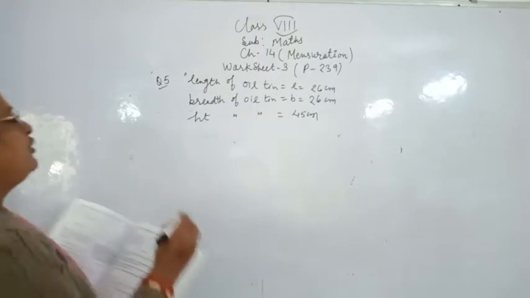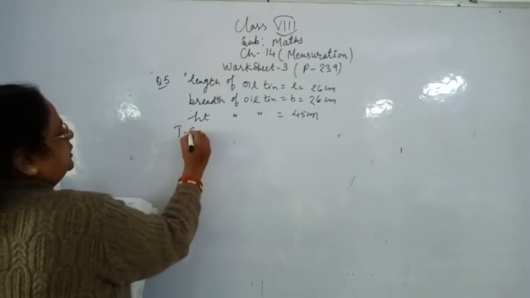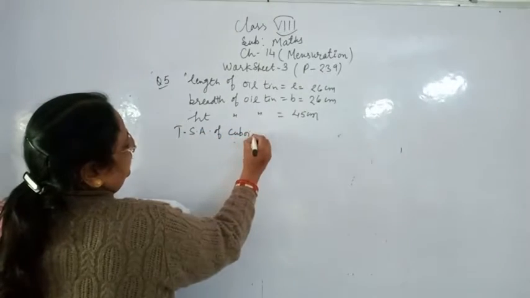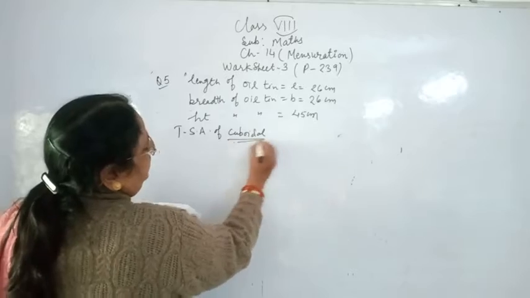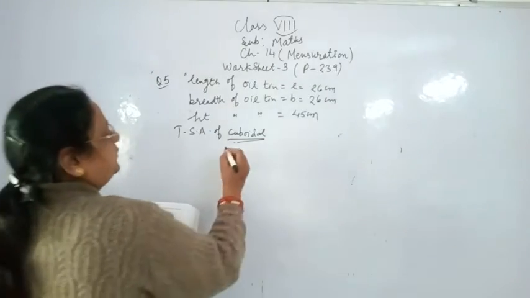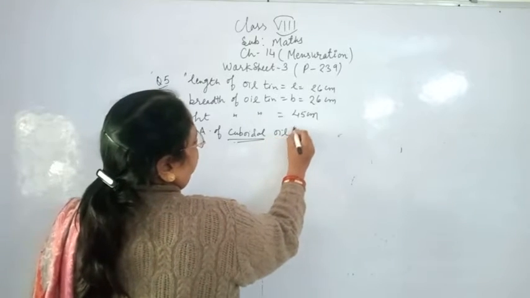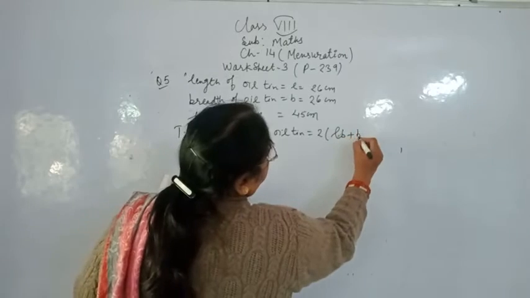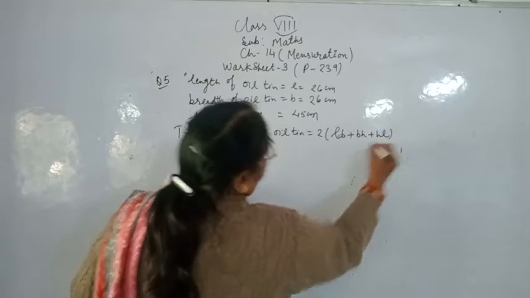Now first of all we will find the total surface area of the cuboidal oil tin. Here I mention the word cuboidal because it is in the shape of a cuboid. For the total surface area of the cuboidal oil tin, we will use the formula 2 times LB plus BH plus HL.